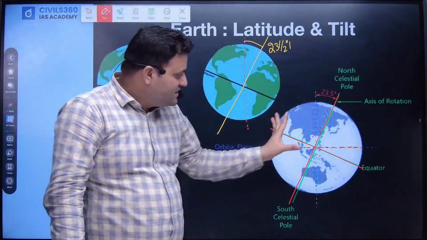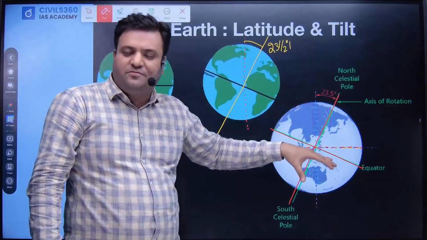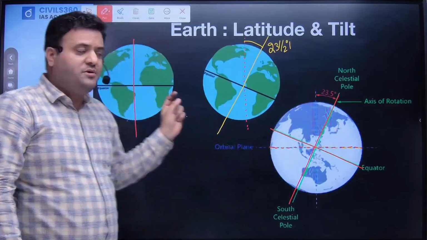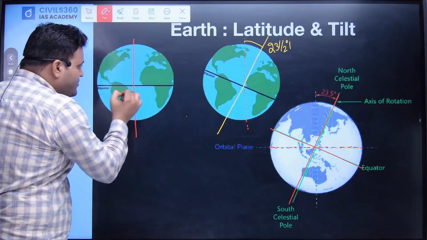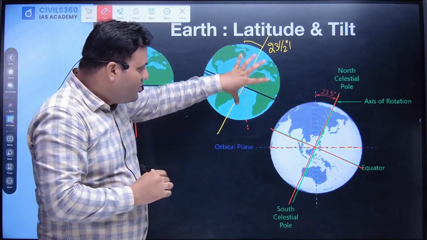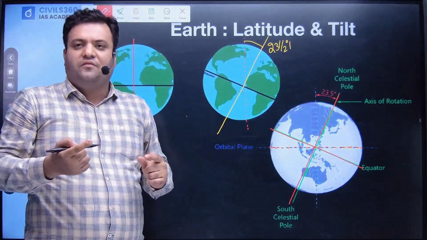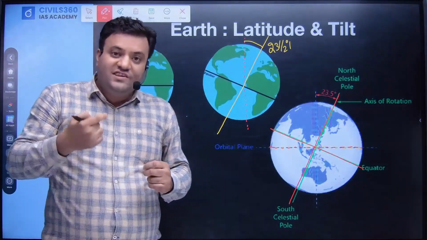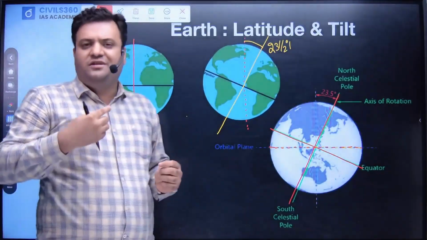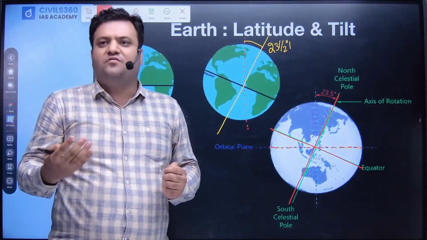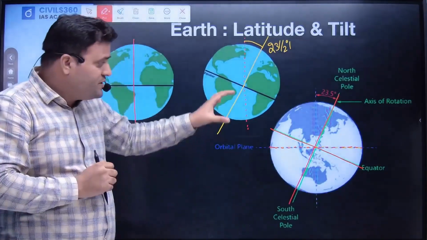Because of the tilt, the orientation of landmass with respect to the latitude changes. Here you can see this is the latitude, this is the landmass, but again the orientation is getting changed, and because of this orientation we have so many seasonal contexts. We have so much variability in terms of insolation on our Earth's surface. It is because of the tilt.